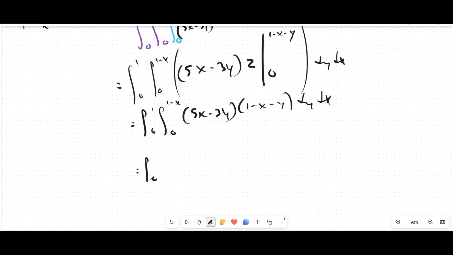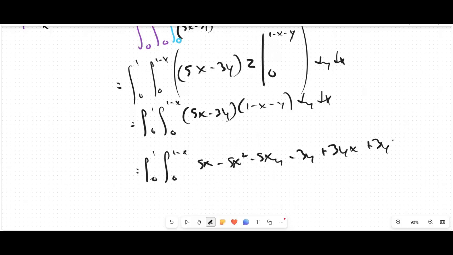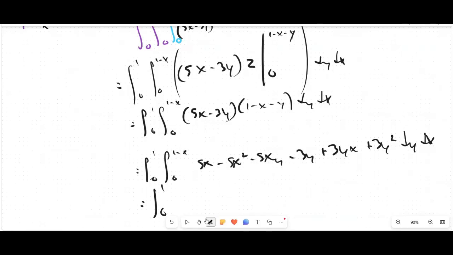There's some expansions we've got to do here. 5x minus 5x squared minus 5xy minus 3y plus 3yx plus 3y squared dy dx. Are they all different? X squared, xy, y, yx, y squared, they are all different.